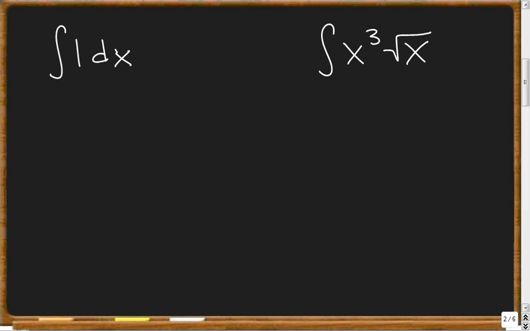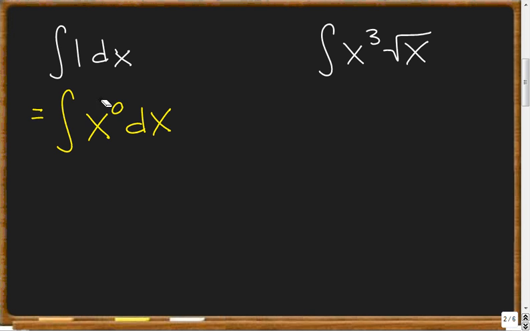Okay, so another couple that look a little odd to everyone. The integral of 1 dx. Well, 1 is a constant, right? And that might mess people up. What does that have to do with x? Well, remember, 1 is always present in everything, and 1 is the same thing as x to the 0.